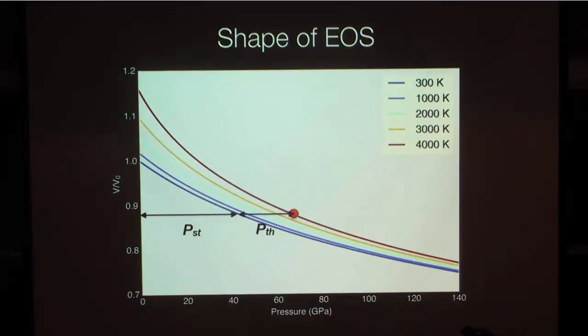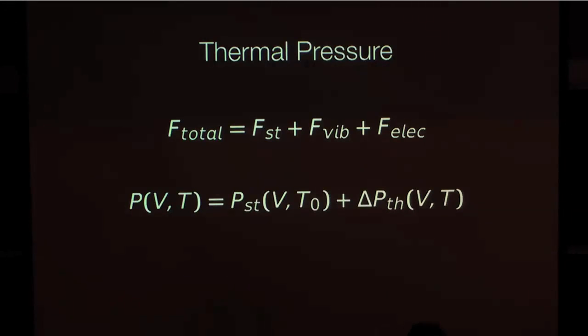Okay, cool. So if you write down the equation based on all this argument that I made through visualization, you come up with these equations. So this is the Helmholtz free energy. The total energy at certain pressure and temperature conditions can be broken down into many different terms through different contributions. The static Helmholtz free energy describes, in the normal case for an experimentalist, the 300 K energy change as a function of volume change.